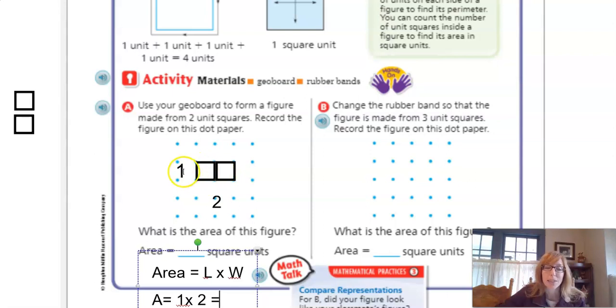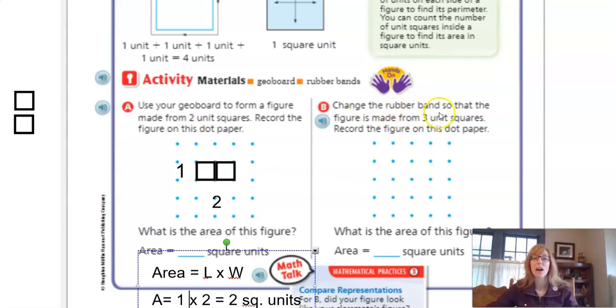We're doing the inside. We have one row with 2 in each row. So that's multiplication. Doesn't that kind of look like an array? When we did arrays, we would count up how many groups on the side and how many in each group. So there's one group of 2. So 1 times 2 equals, and you are correct, 2 square units. So area is one group of 2. 1 times 2 equals 2 square units.